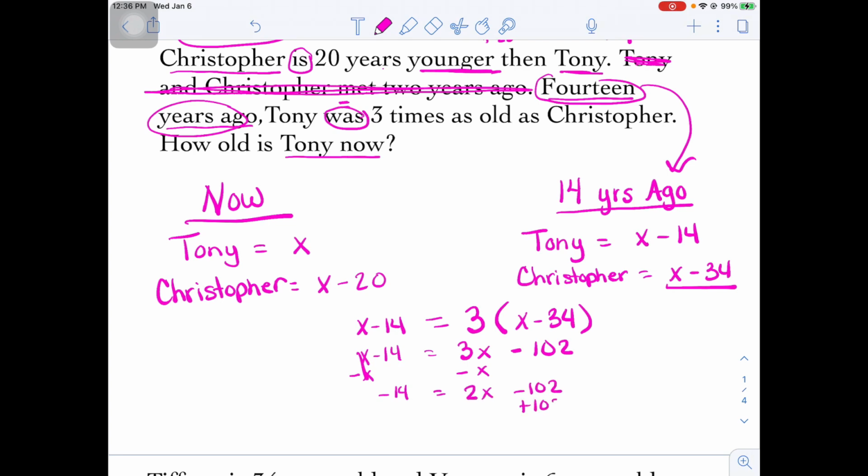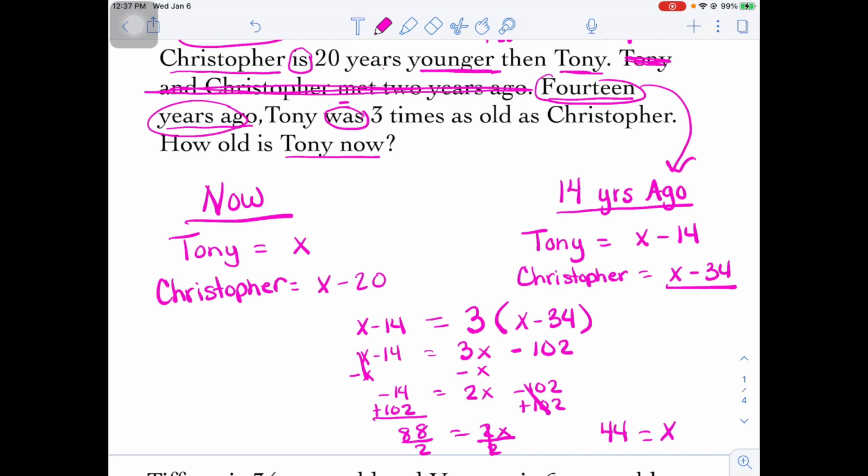Now let's move our constant, plus 102, plus 102. I have a positive 102 and a negative 14, so I get 88 is equal to, these are gone, so I just have 2x. Now divide by my coefficient of 2. 2 divided by 2 is 1, so I'm left with just the x. 88 divided by 2 is 44. So now my x is worth 44.